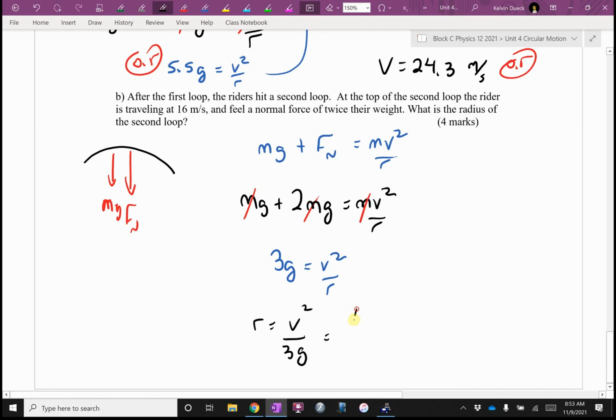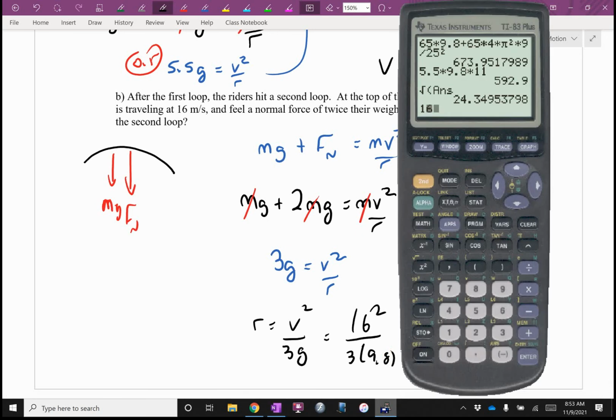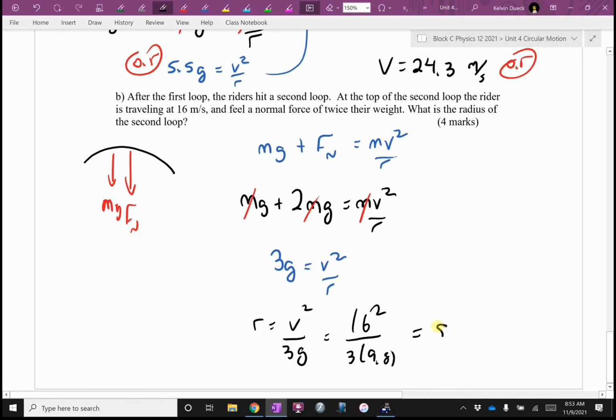It's going to be 16 squared over 3 times 9.8. And I get 8.71 meters. What was the original one? 11 meters? So this loop is 8.71 meters.